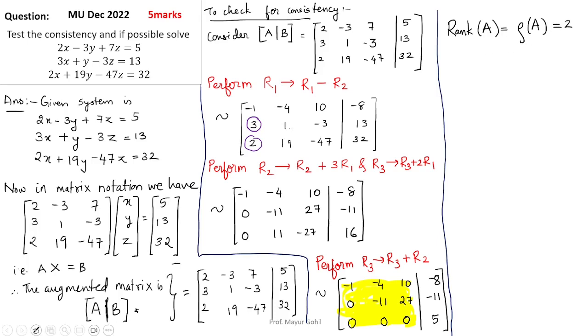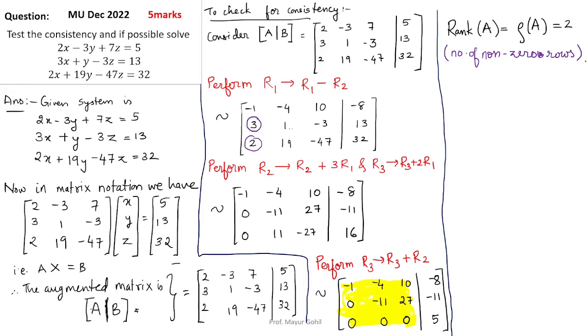If you want, I'll write down here: rank of A as per row echelon form definition is the number of non-zero rows. So here, rank of A is 2.